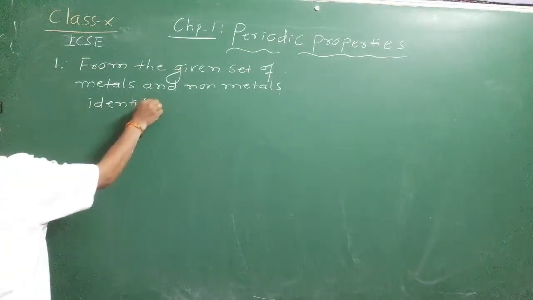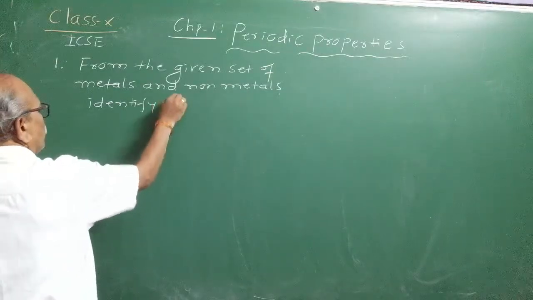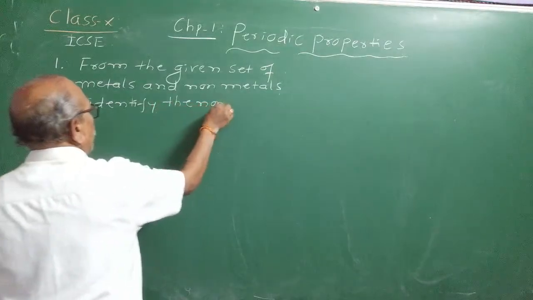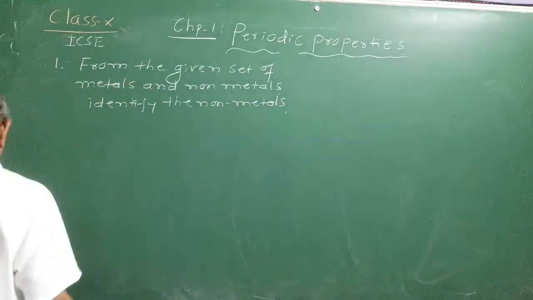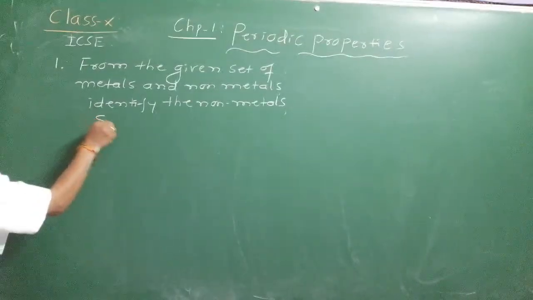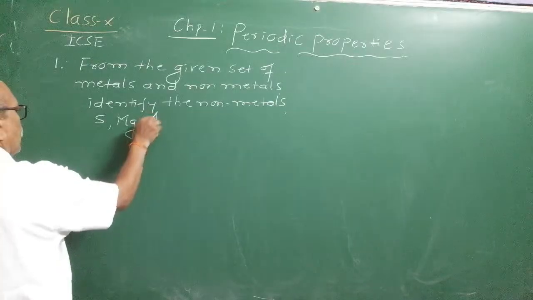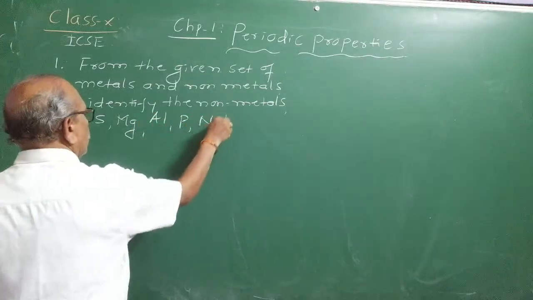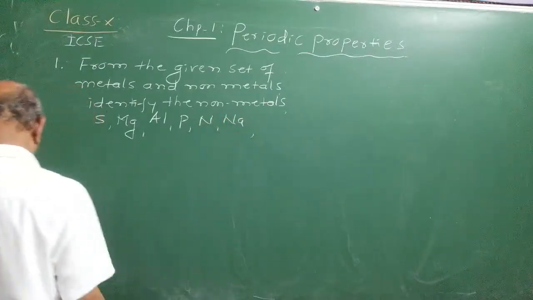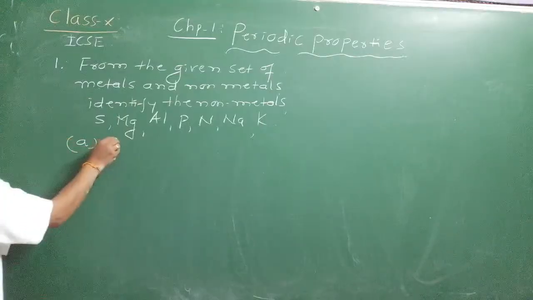The first step in learning the periodic table is to identify the non-metals. The elements given are S (sulfur), Mg, Al, P, N, Na, K. The options are, you have to tell me the correct answer.